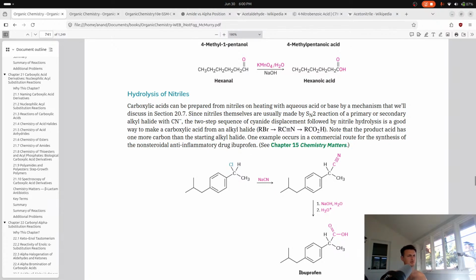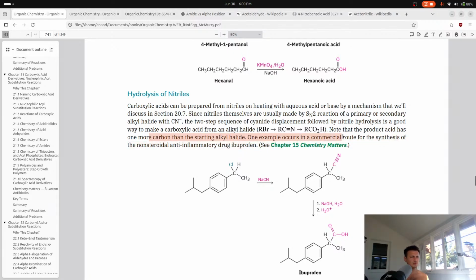Note that the product acid, oh yeah. Notice that the, dude, I am out of it today. I gotta get some ice water or something. Notice that the product has one more carbon than the starting alkyl halide.